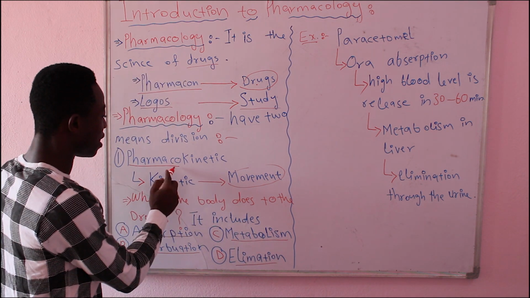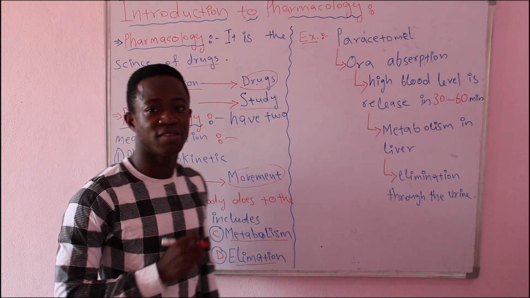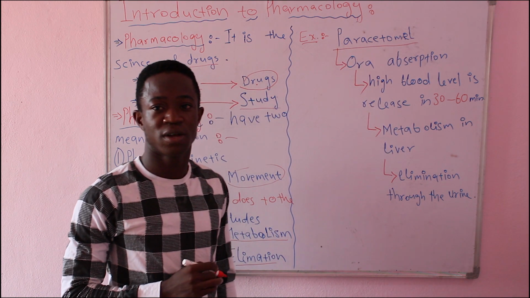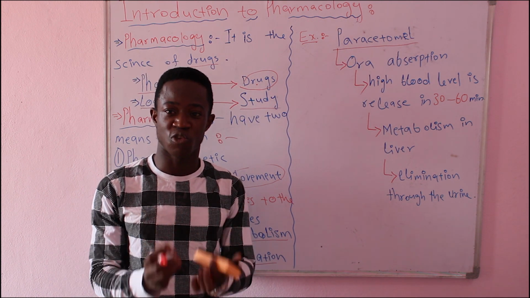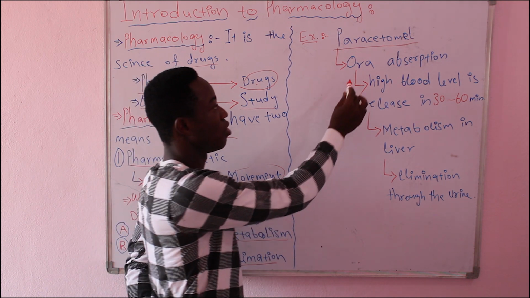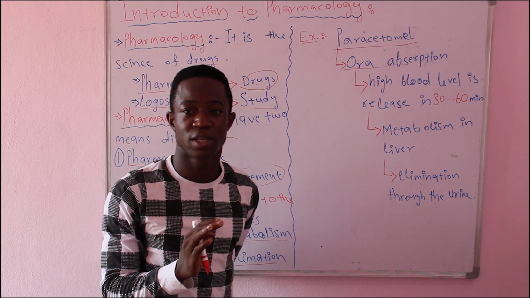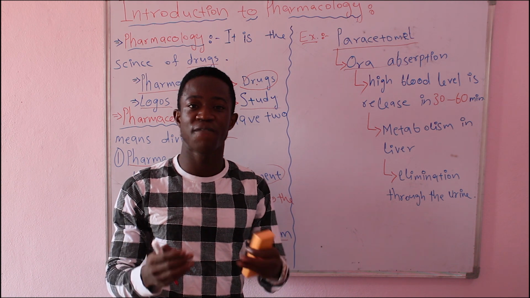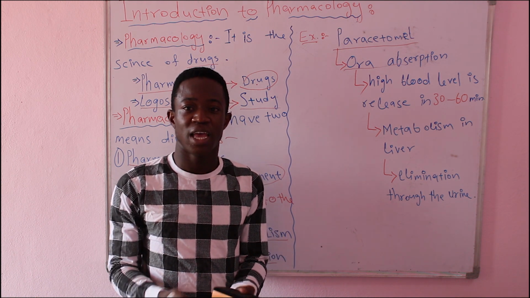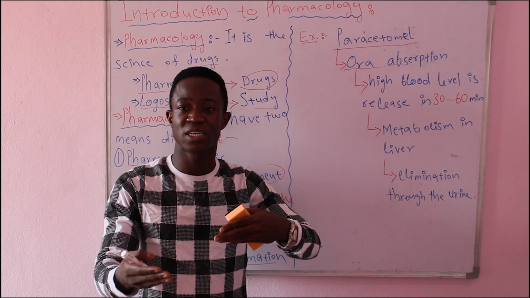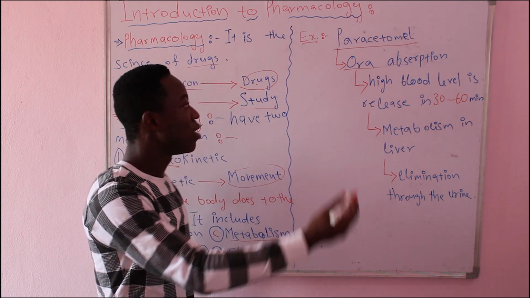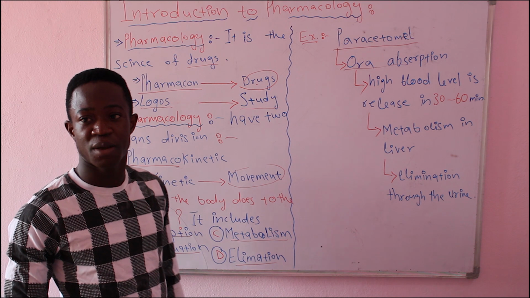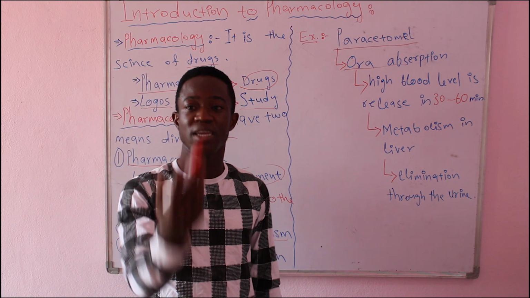For pharmacokinetics, we will look at one example. We take a drug like paracetamol. Paracetamol is a drug that is administered to the patient orally. When the patient goes to the facility, the doctor or the nurse will give the drug to the patient, who takes it orally. That is the absorption aspect: by what means the drug gets into the body.